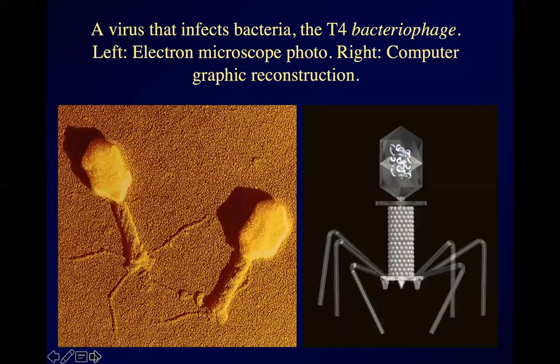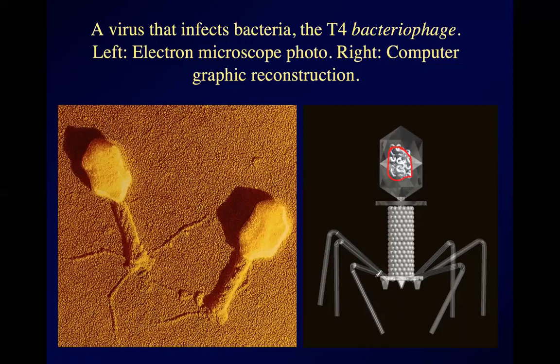This, by the way, happens to be a virus that infects bacteria. It's called a bacteriophage. And on the right, you can see there's a computer graphics reconstruction. The nucleic acid is kind of rolled up in here. And then the main part of the capsid has this really cool geometric shape.